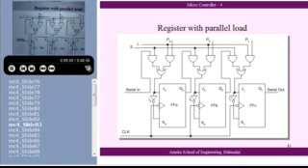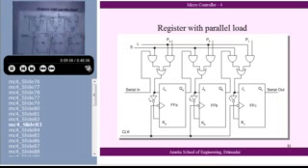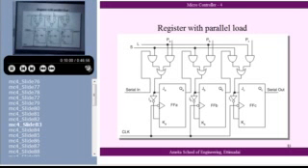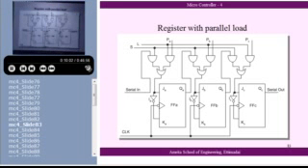If I make S high, this data will go through this and become J, and its inversion will be K. Same way, this output will be connected here. So when S is high, serial input will be connected to JA and KA. QA will be connected to JB, QA bar to KB. QB will be connected to JC, QB bar to KC.